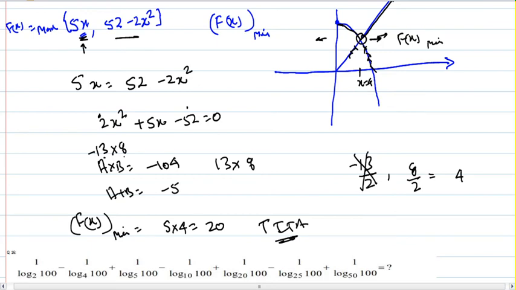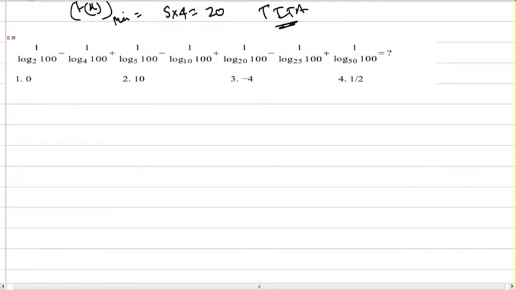Let us start the next problem. See, what we have here is 1 upon log 100 base 2 minus 1 upon log 100 base 4, log 100 base 5, log 100 base 10, log 100 base 20, log 100 base 25, log 100 base 50. After adding and subtracting all these values, I am getting constants.